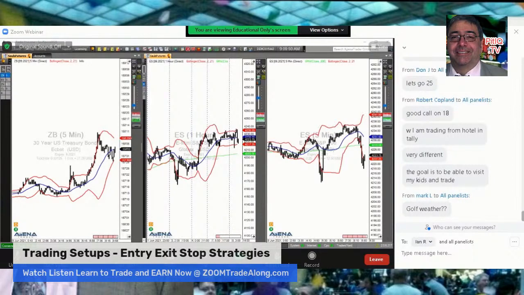We said anything below 20, you want to get out of any longs. That's where your stop would be if you're trying to have a trailing stop and trying to get the upper levels. Again, you're not also going to let 3 or 4 points go away unless you're just keeping it for a small amount.